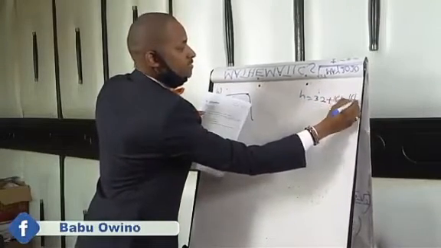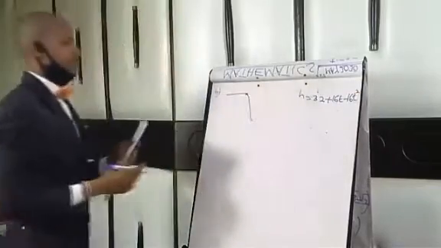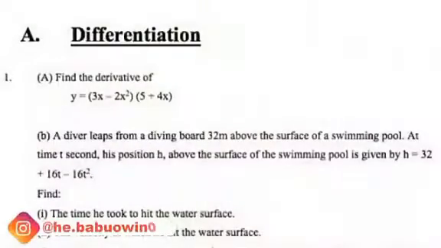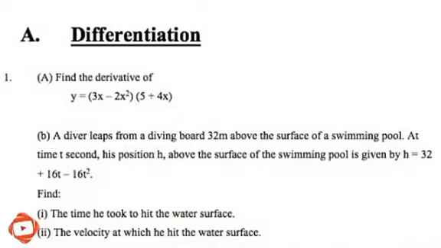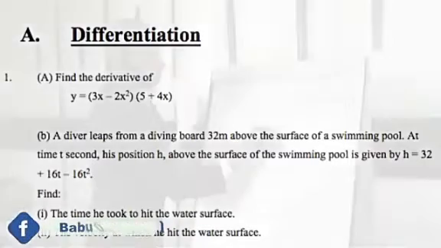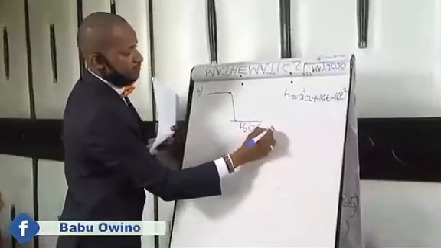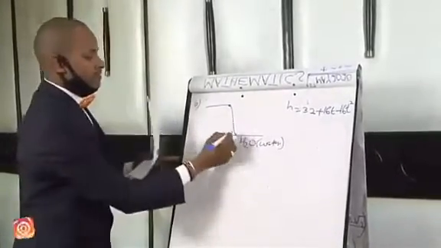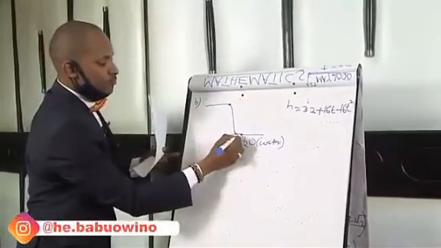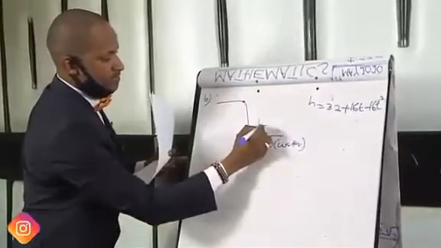Now the first part of this question wants us to find the time he took to hit the surface of the water. So when the diver dives from here and hits the water surface, at the water surface the height is 0.